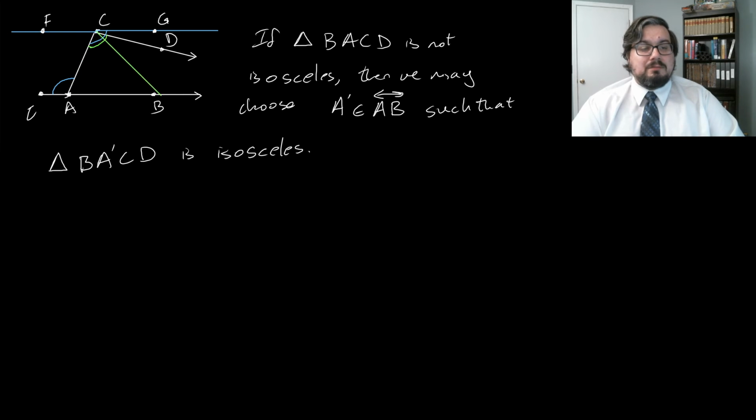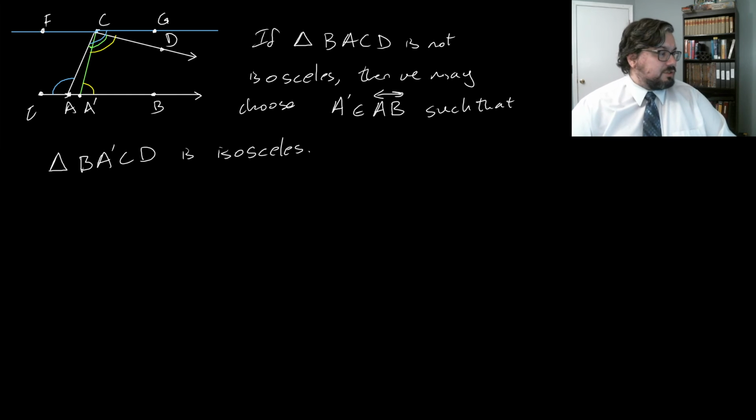Basically, by moving one end of the triangle back and forth along the ray or along the line AB, we can make the angle on the line AB and the angle at C go in different directions. So we can move them back and forth until we get the triangle to be isosceles. So we can get a point A prime there so that these two are isosceles to one another.